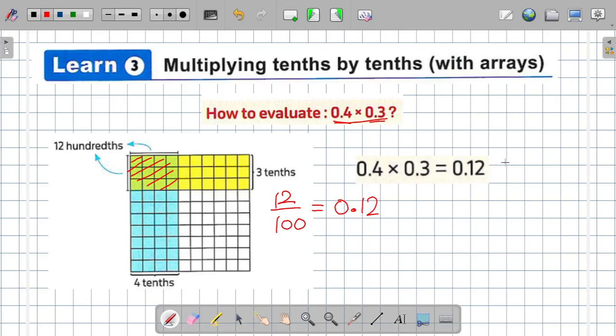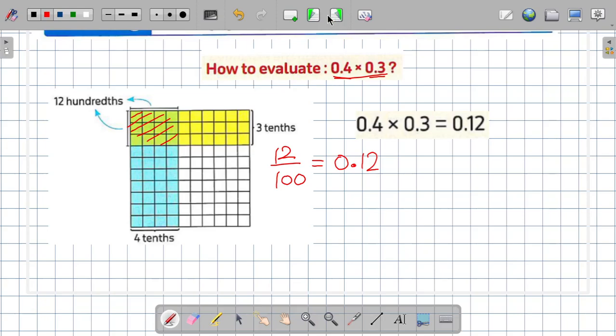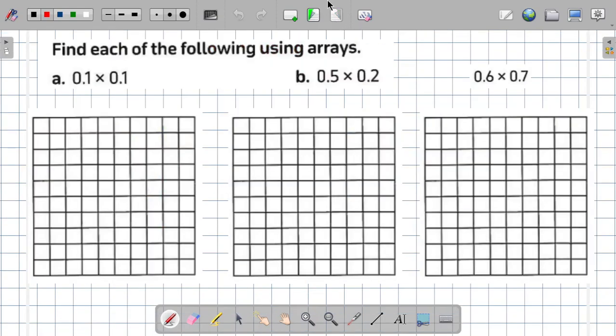If I have an example like this: find each of the following using arrays. The first one here is 0.1 by 0.1. How to represent it? Let's try.